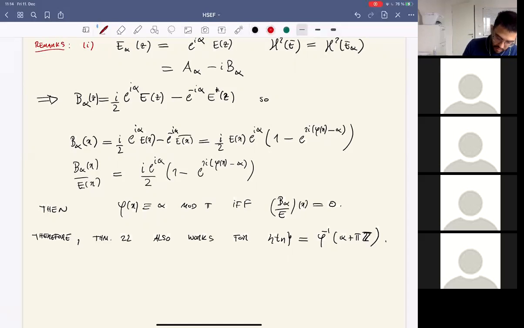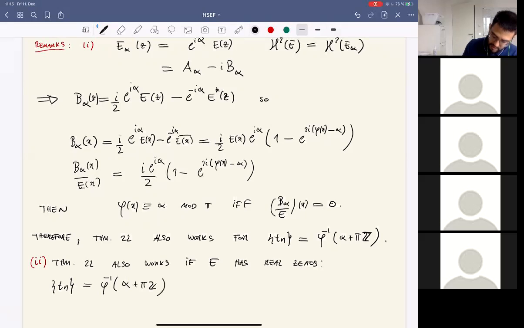And the other remark I want to make is that theorem 22, and that's what de Branges does in the book, also works if E has real zeros. And the way you do it is exactly as I did in the first remark. You have to take the nodes as being this guy, okay?